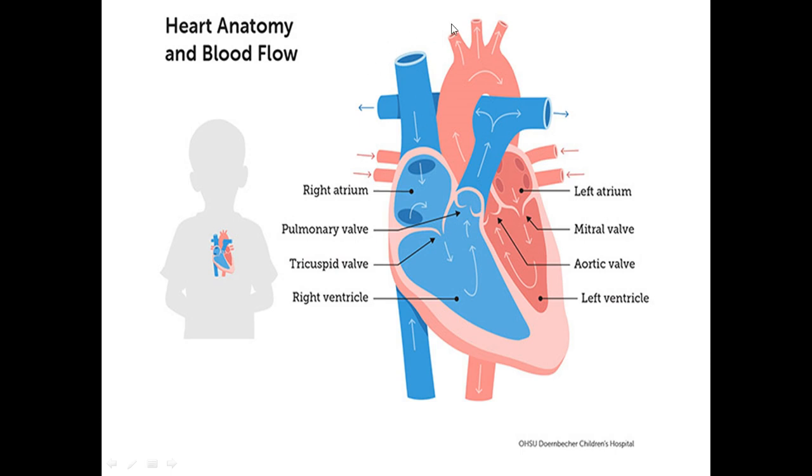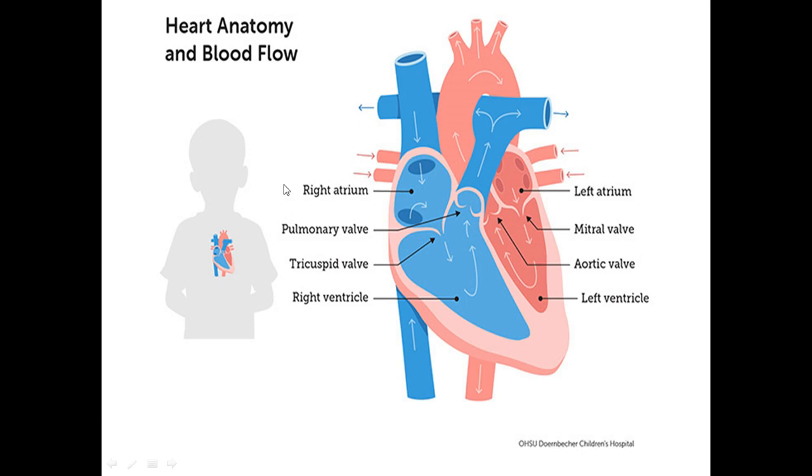Whereas the deoxygenated blood from the lower part of the body, like the feet, the knees, and the thighs, enters the heart at the inferior vena cava. So the blood from the inferior vena cava and the superior vena cava contains no oxygen. It is coming back to the heart to go to the lungs to be oxygenated.